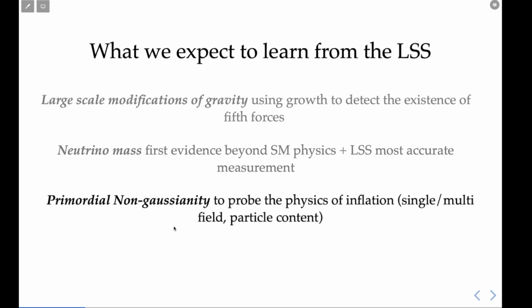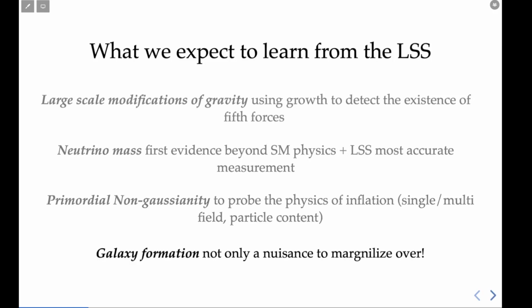Primordial non-Gaussianity is one of the other things that we might be interested in to probe the physics of inflation. And finally, galaxy formation. So we tend to treat galaxy formation as a nuisance to all of our analysis, but at some point, there'll be a lot we can learn about it by looking at the large-scale structure of the universe, and we should also try and learn from it and not just marginalize over it.